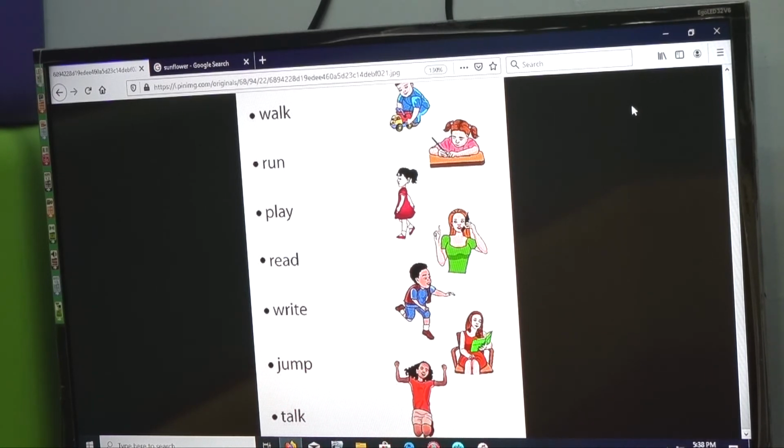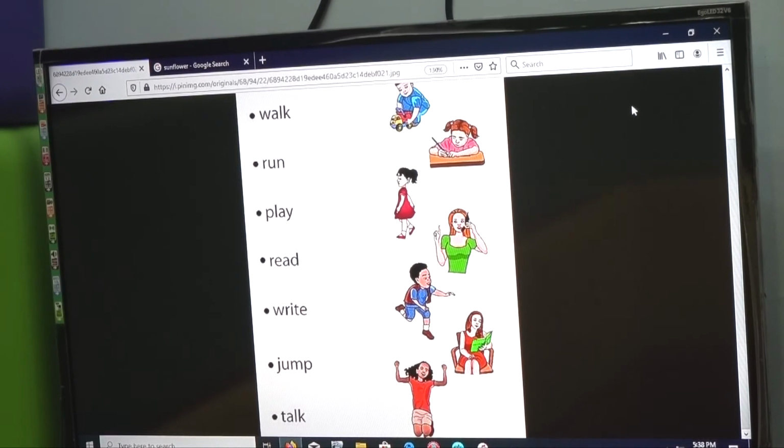Okay, the last one. Talk, right? Which picture is best to describe talk? That should be the girl that is on the telephone, right? She has to talk. Okay? So we are done with this little exercise.